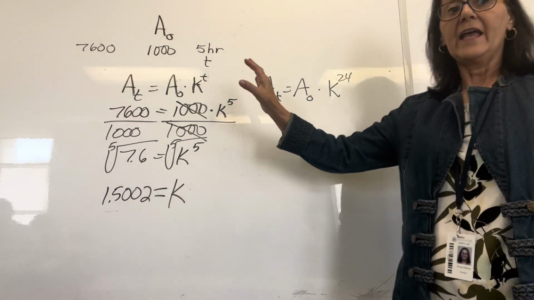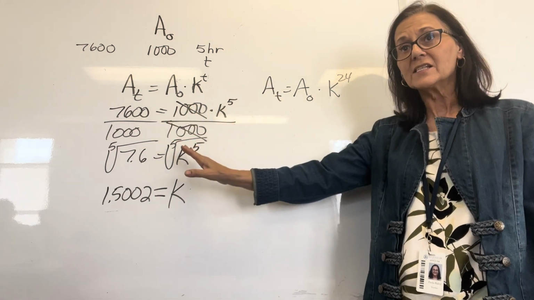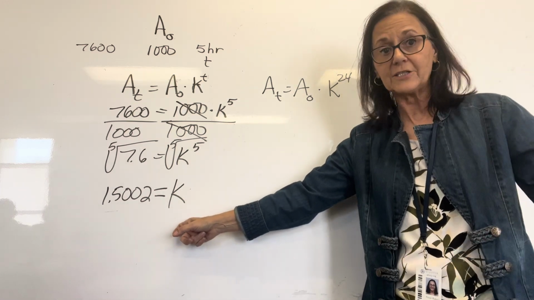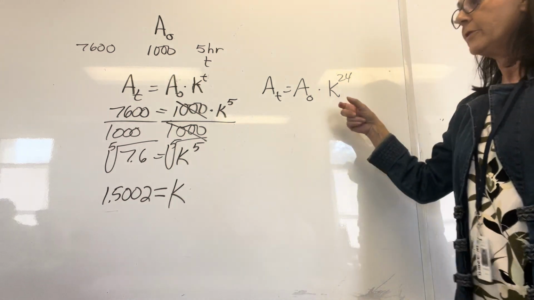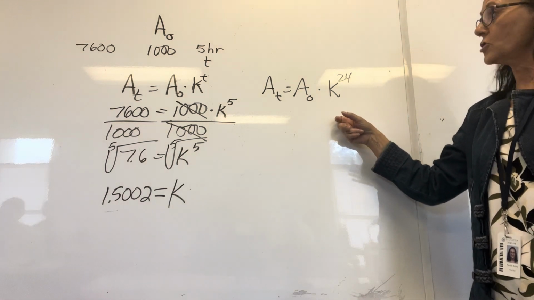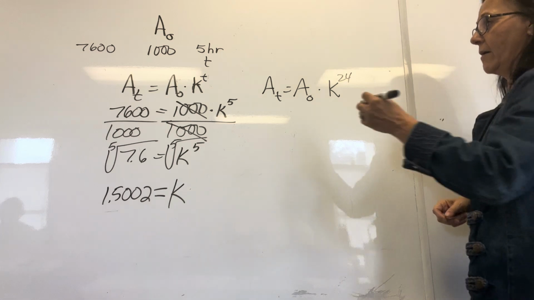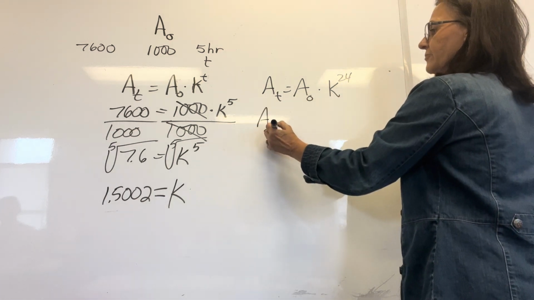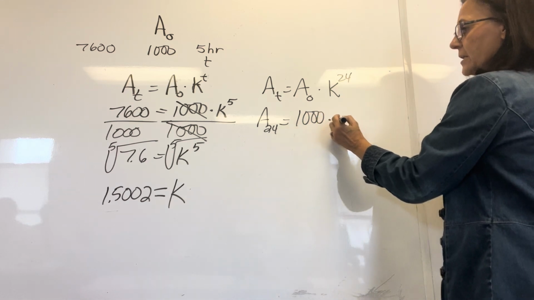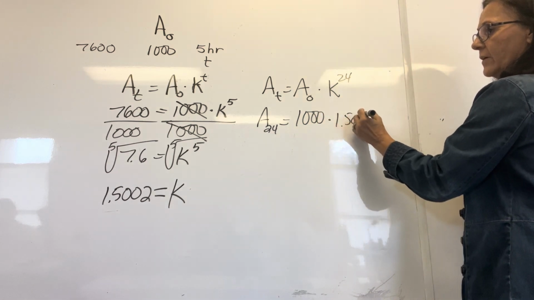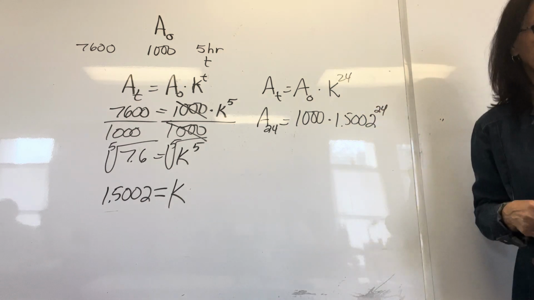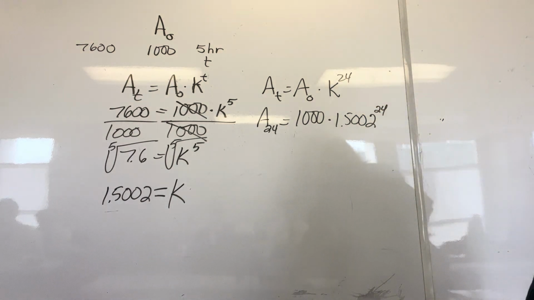The information that they gave us, we're using to solve for the value of K, so that we can plug it into this second set of data and solve after a different number of hours. So the amount after 24 hours: 1,000 originally, times K, 1.5002 raised to the 24, because our time is in hours.